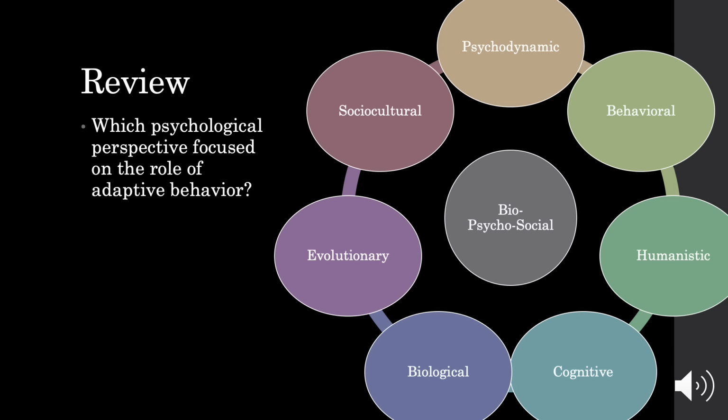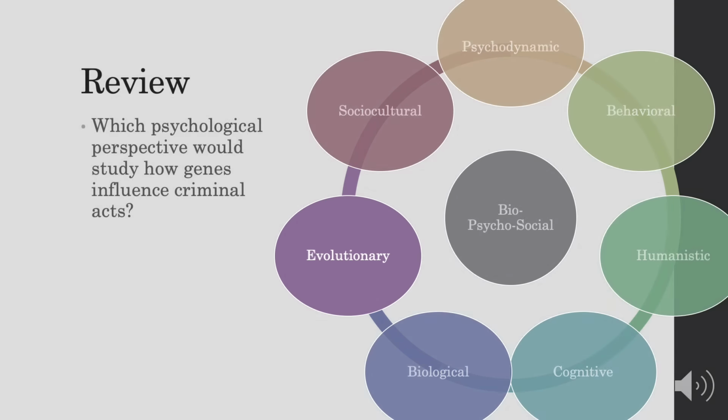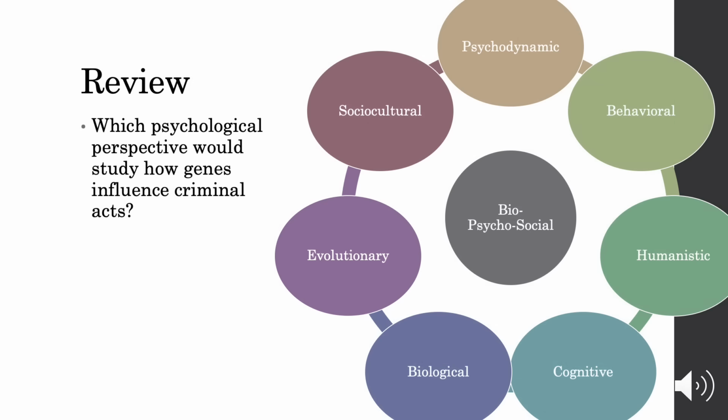Which psychological perspective focused on the role of adaptive behavior? That's Darwin and the evolutionary view. Which psychological perspective would study how genes influence criminal actions?